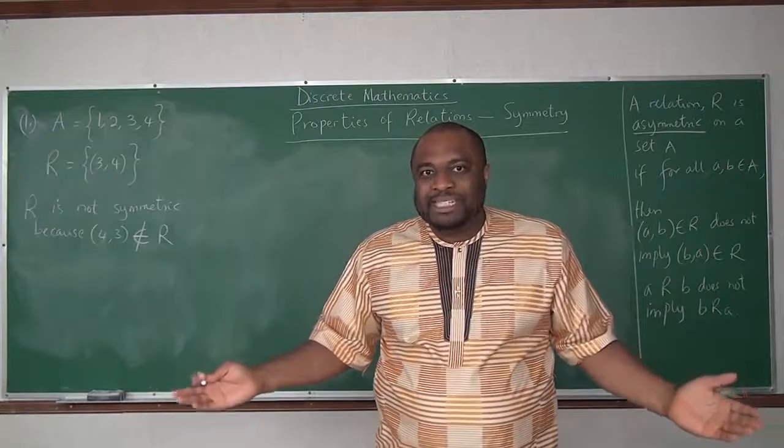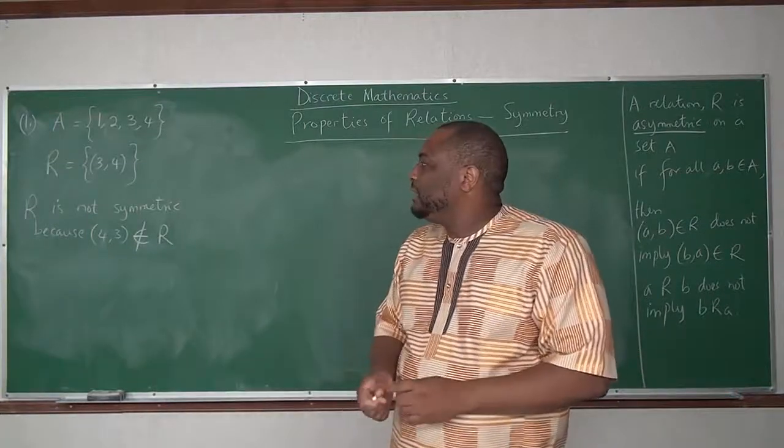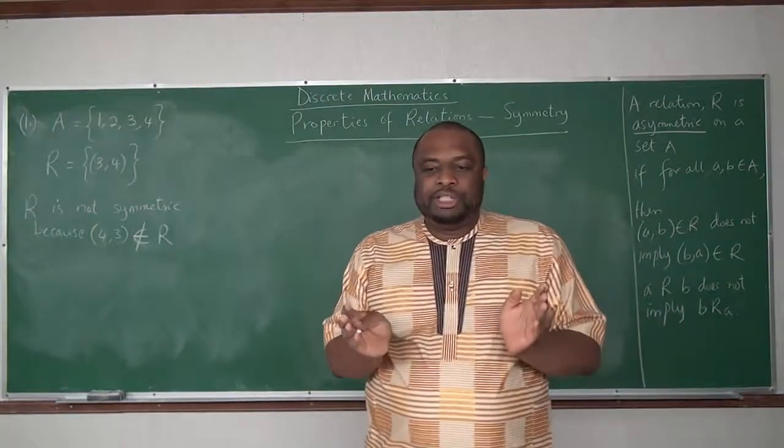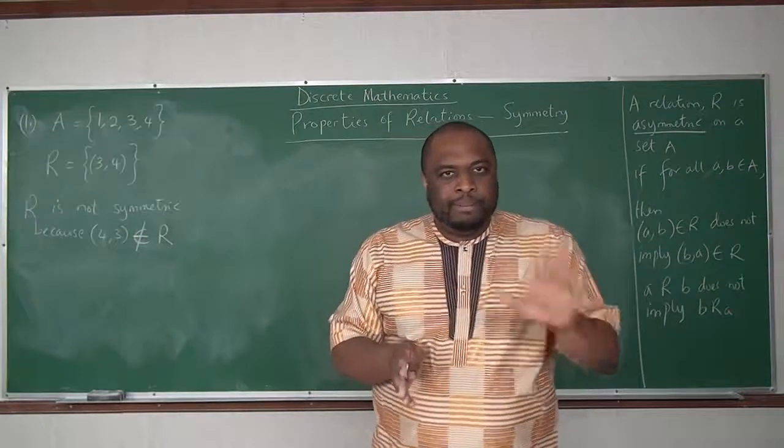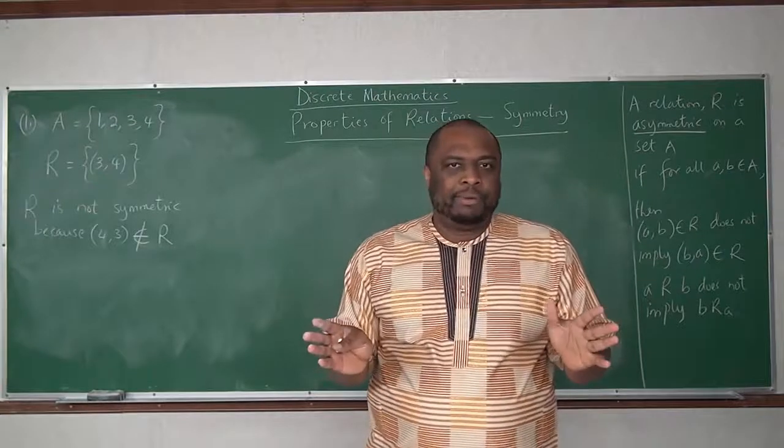It does not give us sufficient information. Whenever you see that you have a relation and it doesn't give you sufficient information about a property, just assume that it has that property.